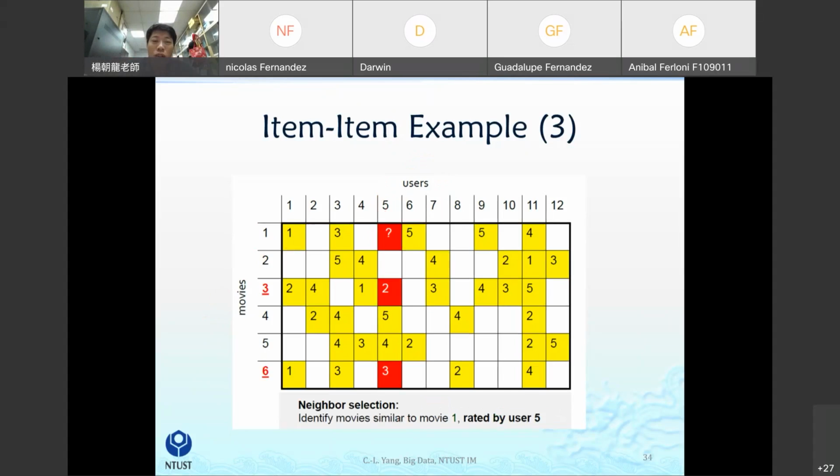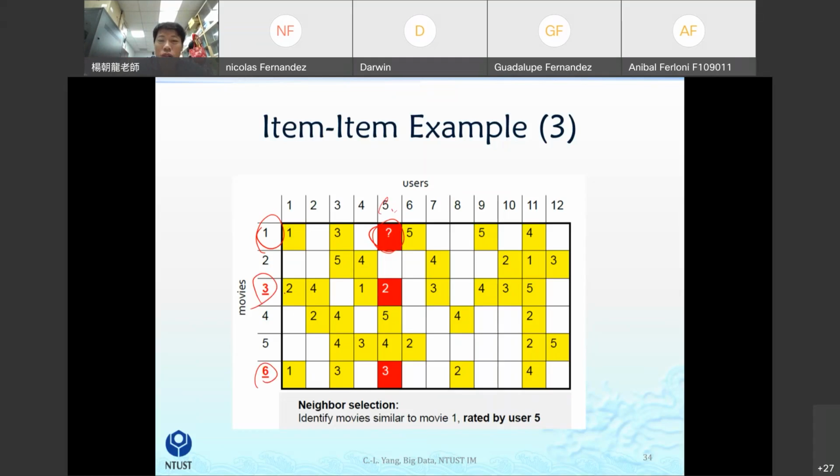So the way we try to do it is, okay, we do some neighbor search. We try to identify the movies similar to movie 1. User 5 has rated only movie 3 and also movie 6.